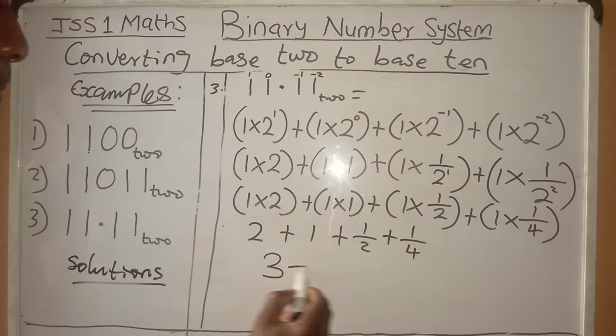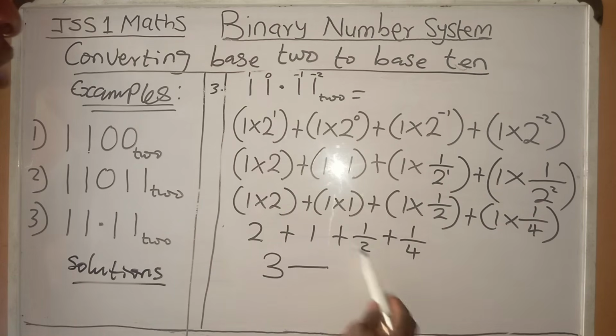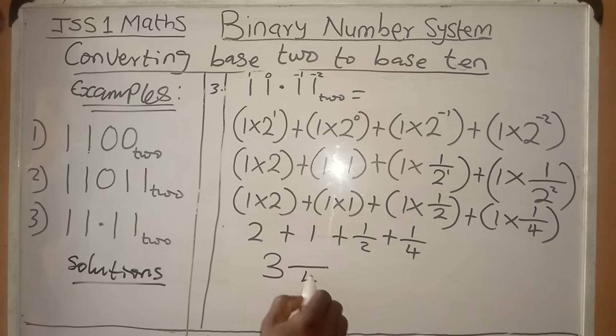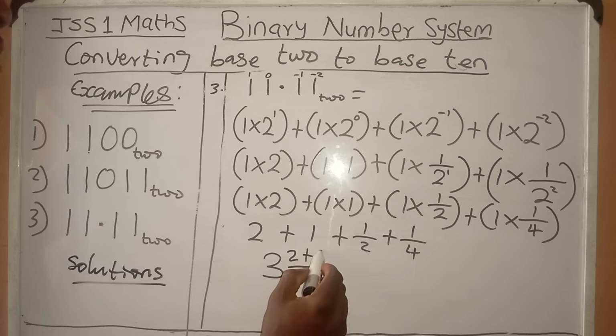Okay, then the fraction. This one is a fraction we have here, so we are going to simplify it as a fraction. So what's the LCM of 2 and 4? The LCM of 2 and 4 is what? 4. 4 divided by 2 is 2. 2 times 1 is 2. Plus 4 divided by 4 is 1. 1 times 1 will give us 1.